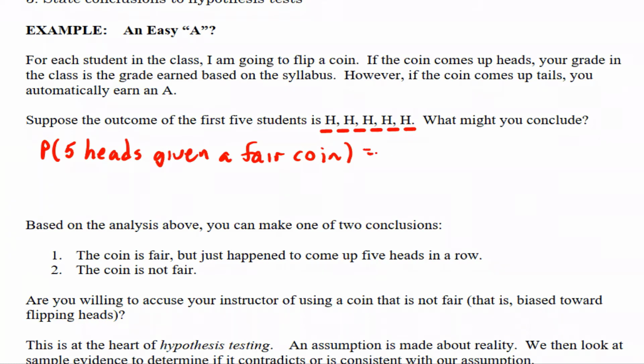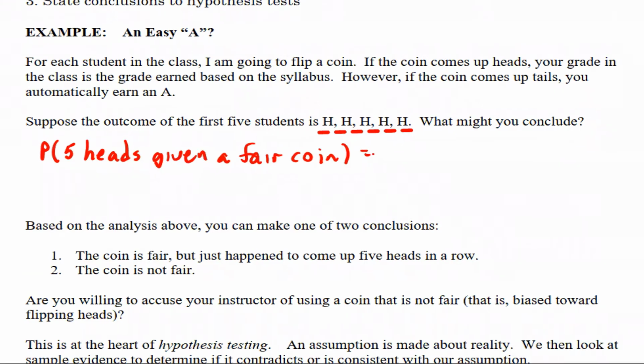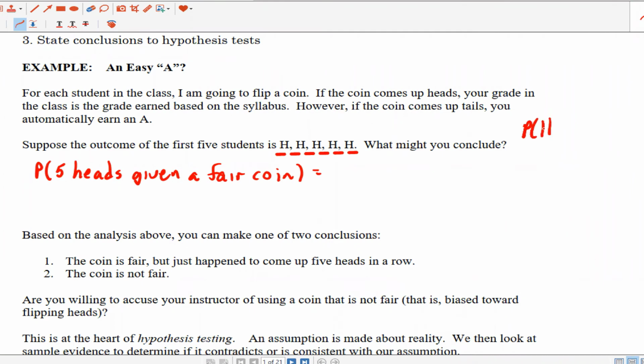And in fact, we can compute this because we're assuming the probability of getting a head is 1/2 or 0.5. And flipping a coin from one time to another is an independent event. So the probability of getting 5 heads is the probability of getting a head times the probability of getting a head times the probability of getting a head times the probability of getting a head, and then lastly times the probability of getting a head.